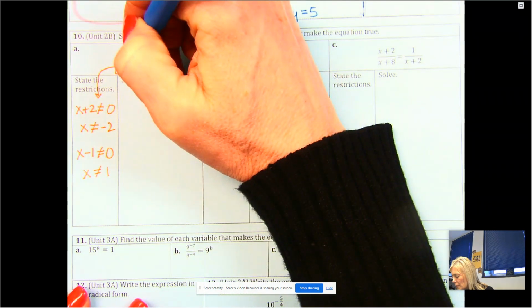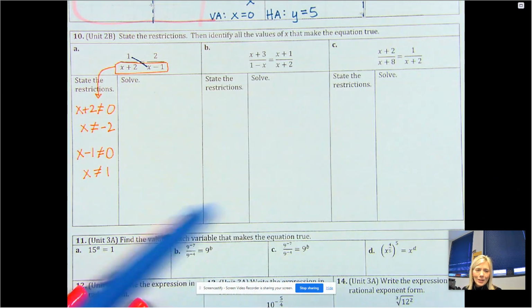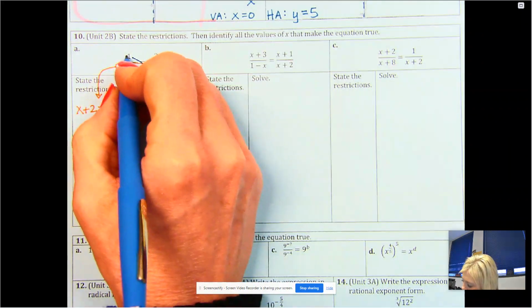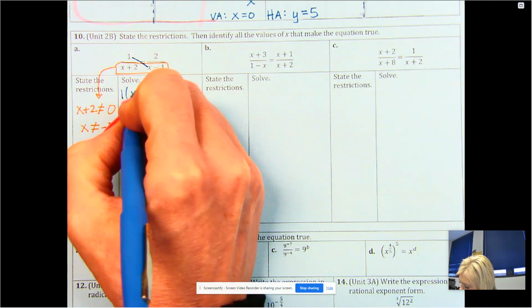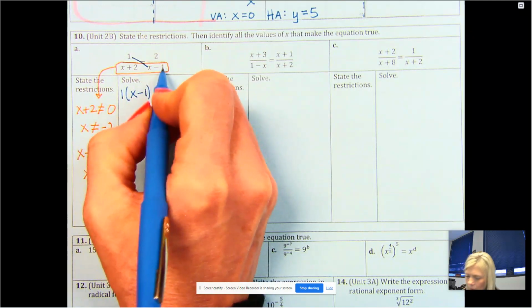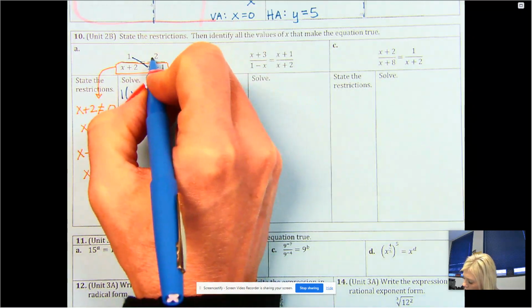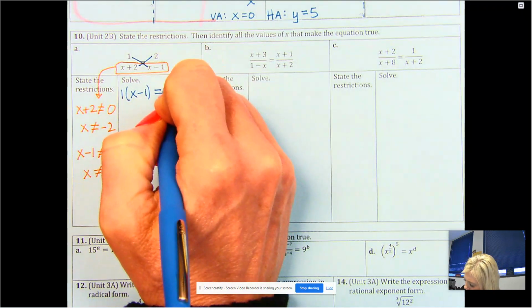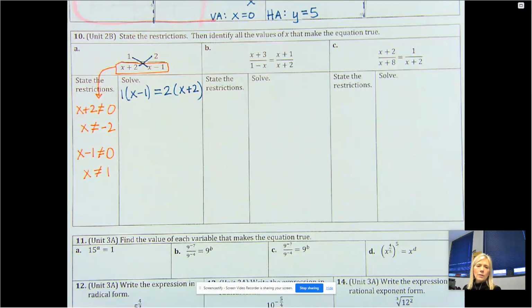And we can prove why that works, but for the purpose of solving these equations to review for the final, I'm just going to get straight to solving. So that means that 1 times (x minus 1), always put expressions in parentheses, equals 2 times (x plus 2). Again, the x plus 2 needs to go in parentheses.